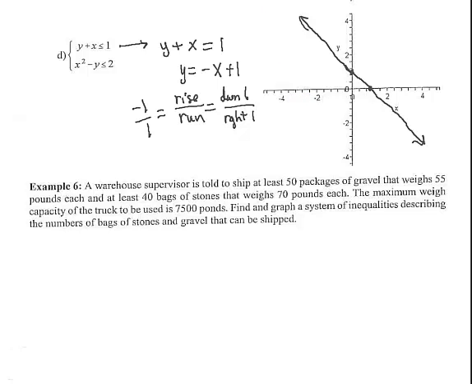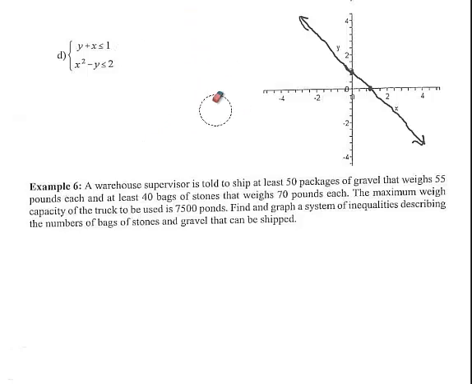So now we do the same for the other inequality. We write x squared minus y equals 2. We solve for the y. Get the y by itself, and we have negative y equals a negative x squared plus 2.